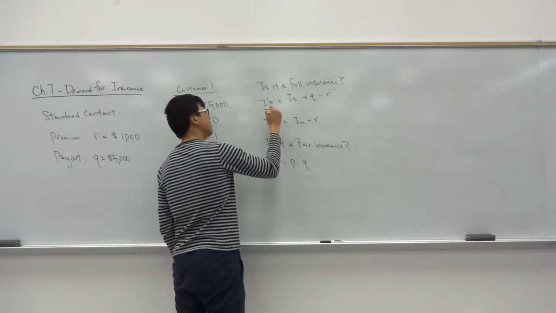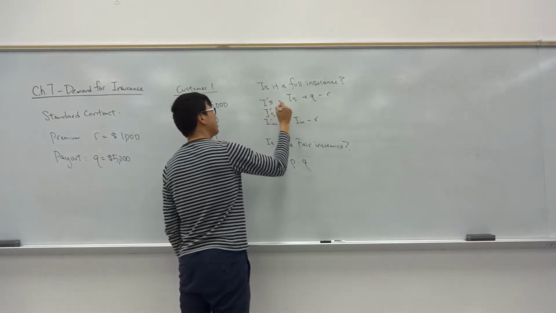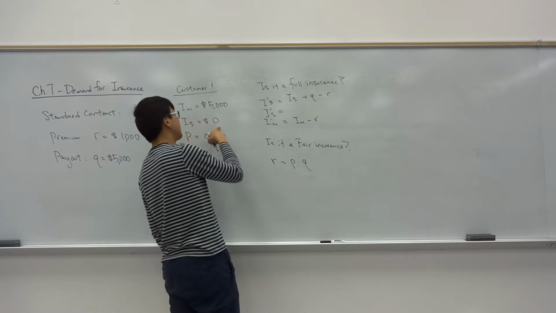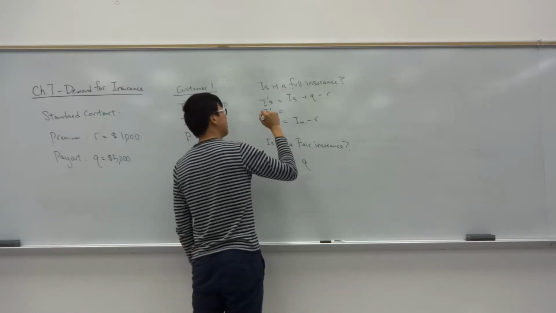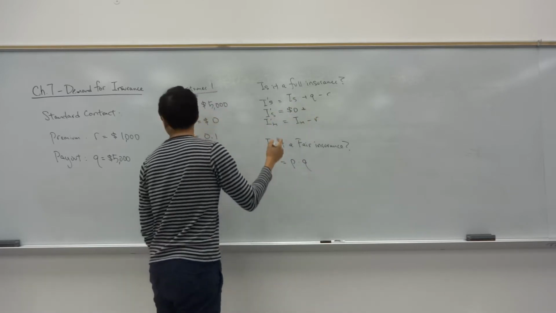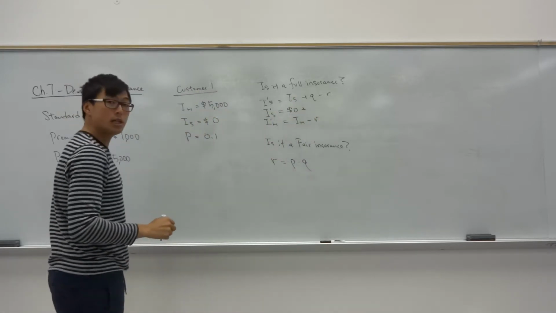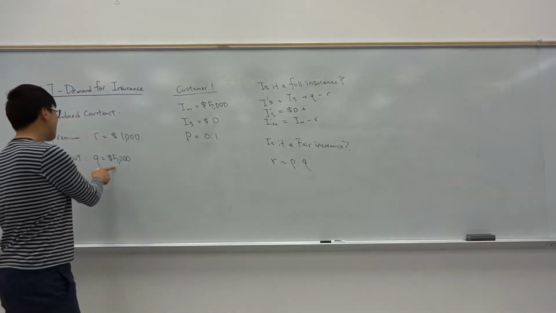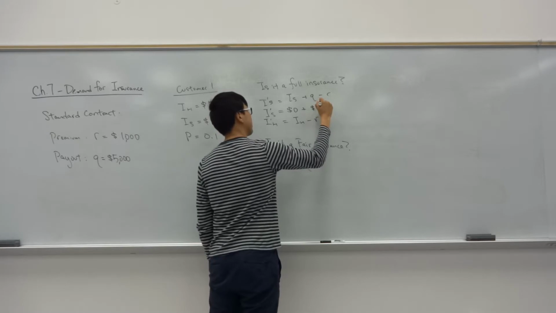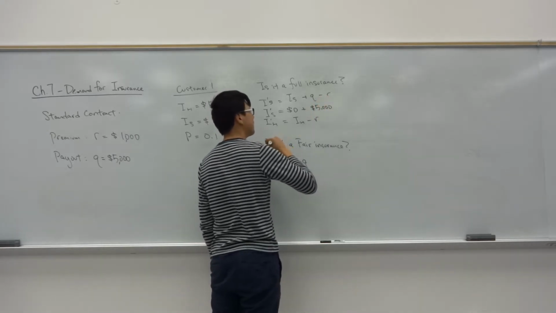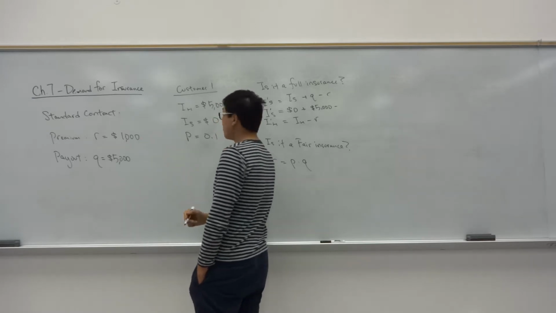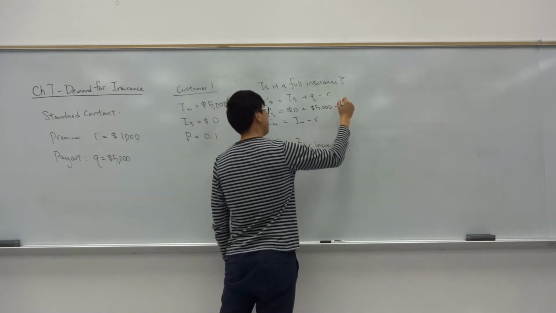The sick income with the health insurance will equal the sick income when customer one buys no insurance, which is $0, plus the insurance company offering $5,000 of payout if this customer gets sick, and minus $1,000 of premium this customer will have to pay.